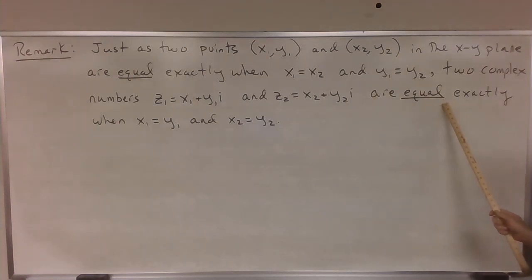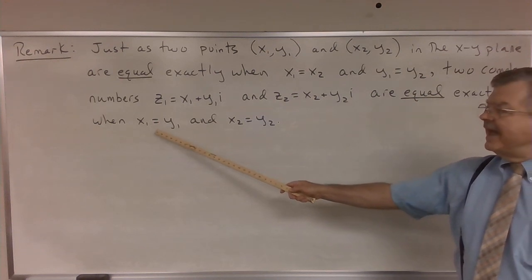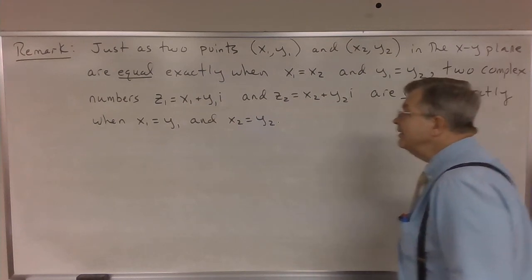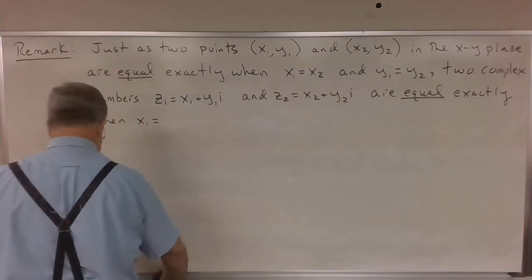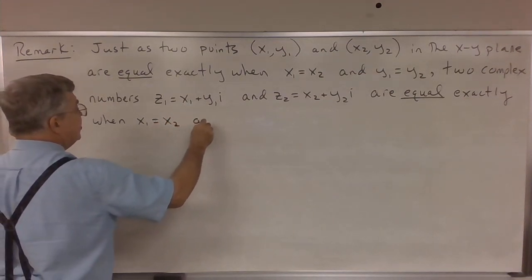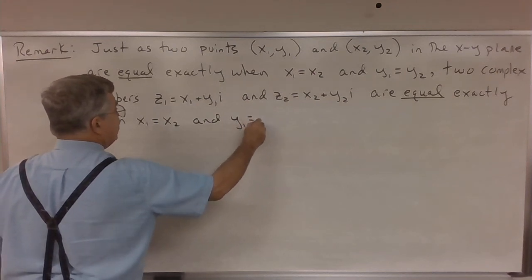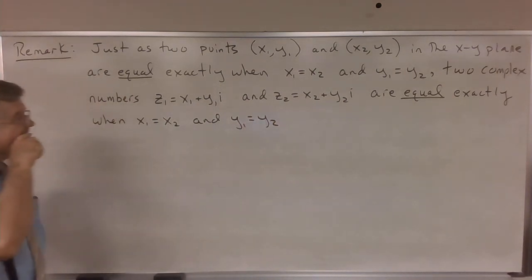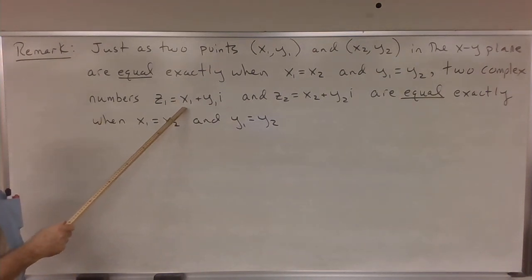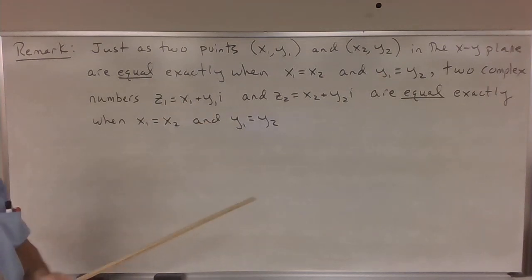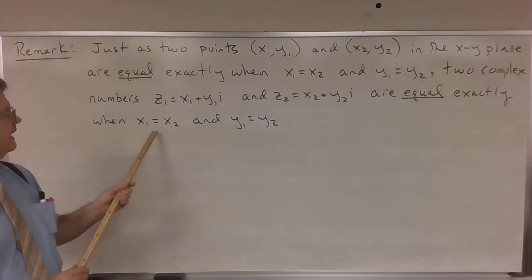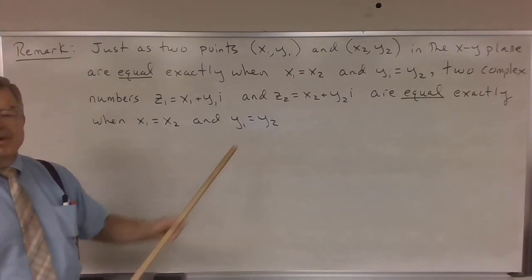It's also true that two complex numbers, z1 equals x1 plus y1i, and z2 equals x2 plus y2i, are equal exactly when x1 equals x2 and y1 equals y2.